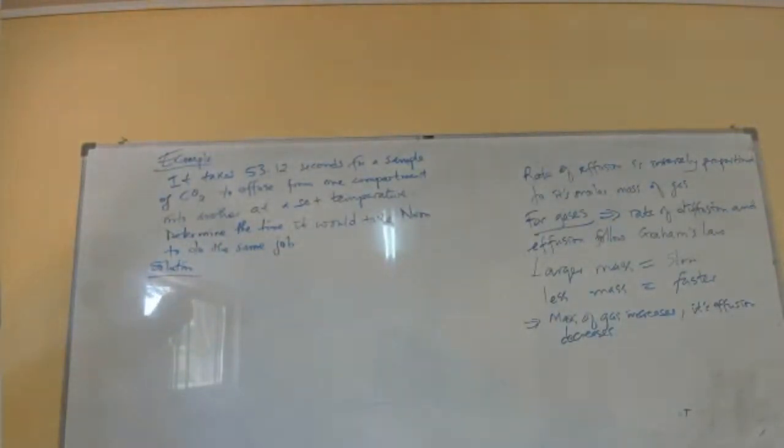Now the question is, can we determine the time that it would take for neon to do the same job? Now this is a different type of question. You will note here that what we have been using so far is the rate. So the rate is the amount consumed per second or per minute. In this case, we are just given time.